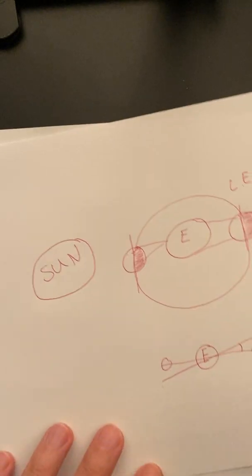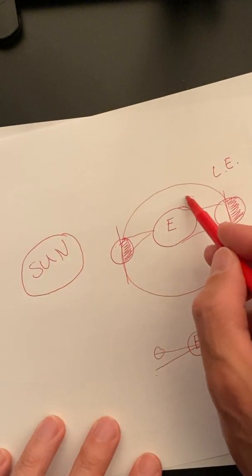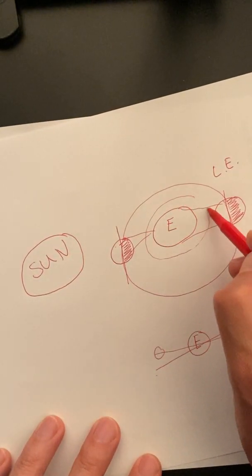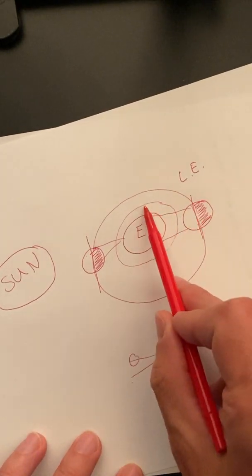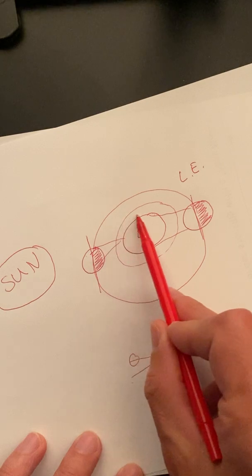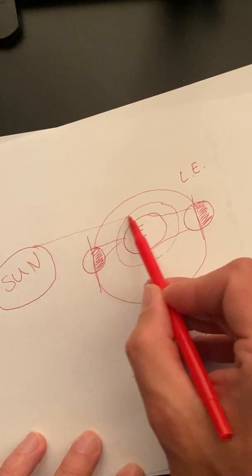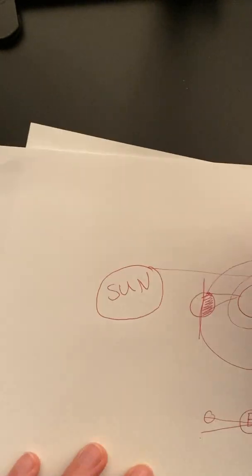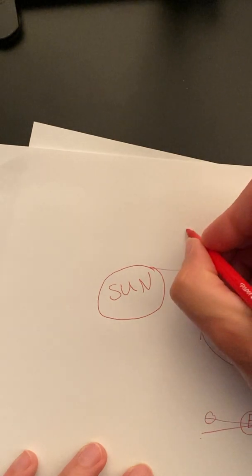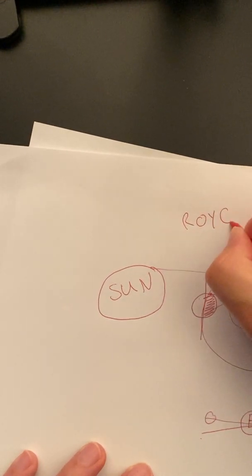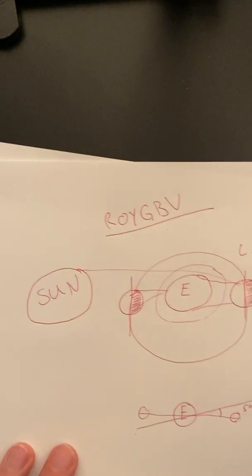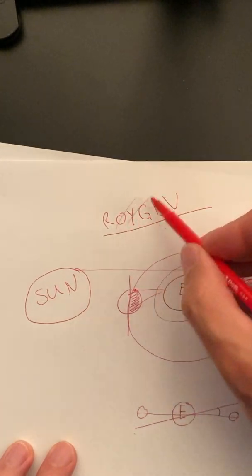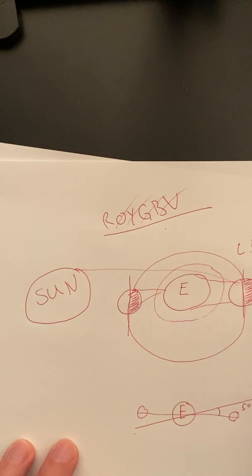But we know that the Earth's got this layer of gases around its surface called an atmosphere. And even though this is the blocked out area, these upper areas of the atmosphere refract or bend the light from the sun. We know that from when we talked a little bit about the electromagnetic spectrum, you've got your Roy G. Biv, that these higher frequency guys don't bend as much.